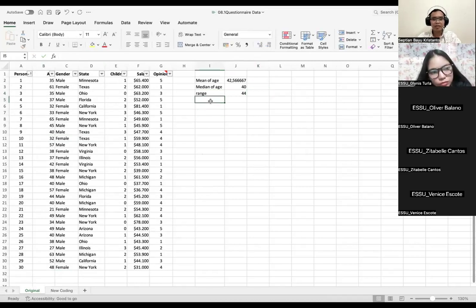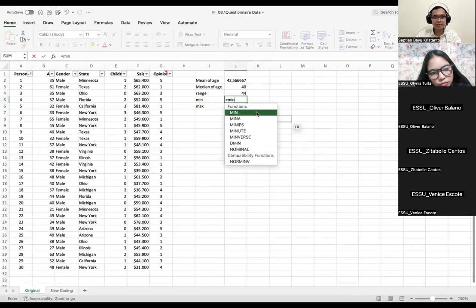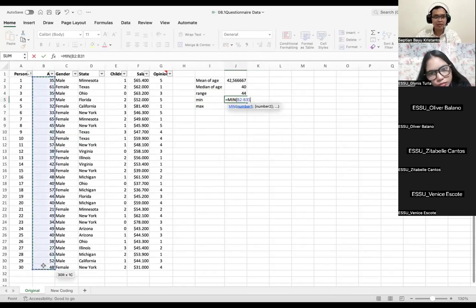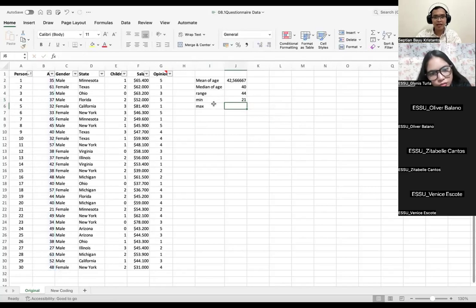You can find the minimum value and maximum value with the formula. The minimum value in this data is 21, and the maximum value is 65. So the range of the data is 44, because range is the max minus the min.